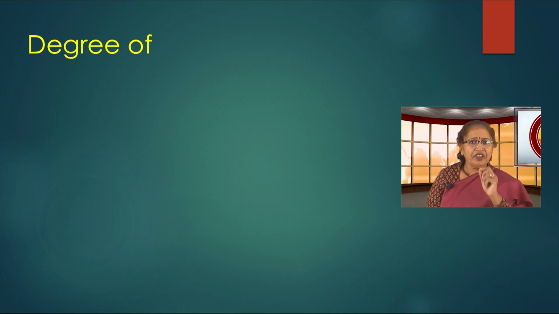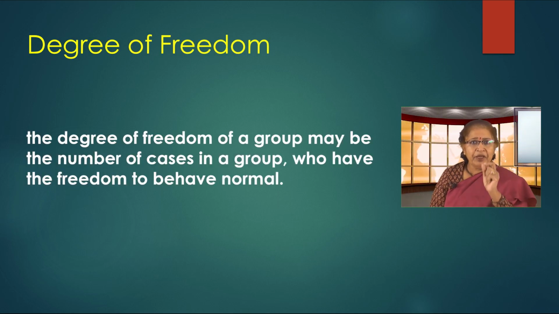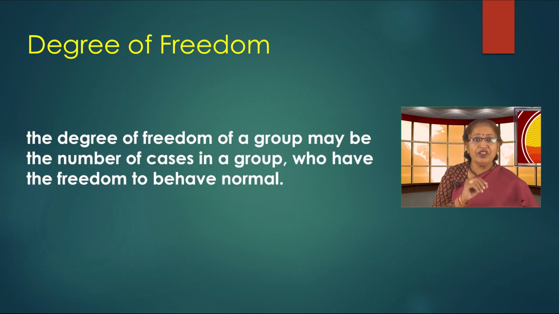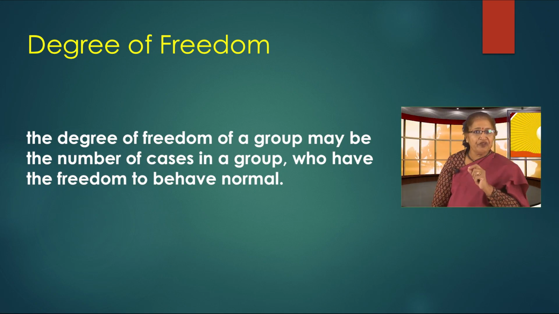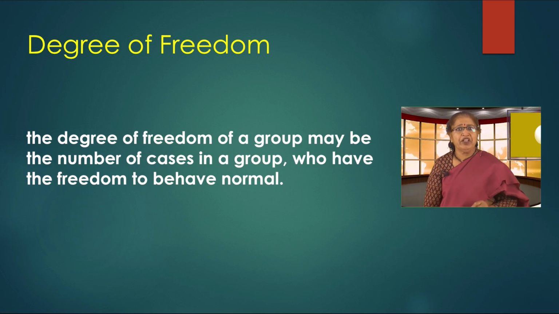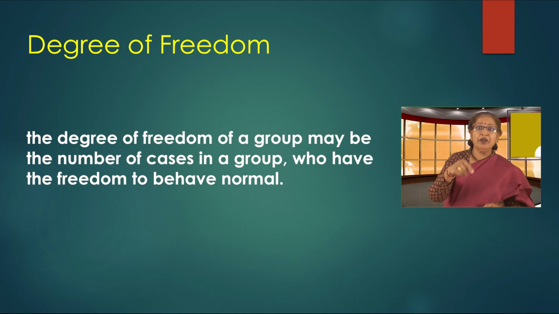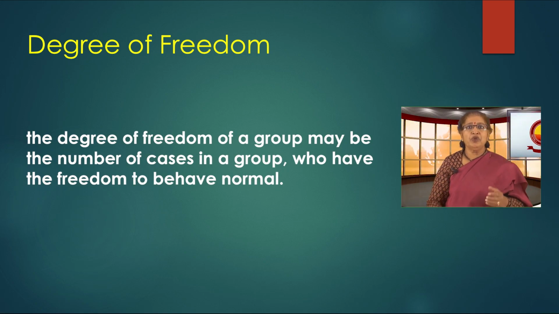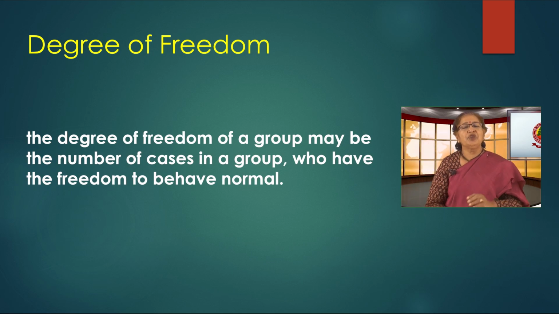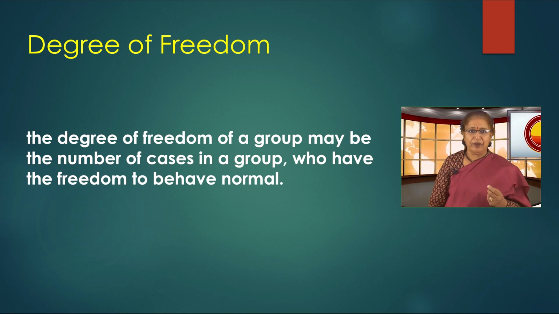Thus, after deducting the one, the remaining number of the cases of a small sample is termed as degree of freedom of that group. In other words, the degree of freedom of a group may be the number of cases in a group who have the freedom to behave normal.